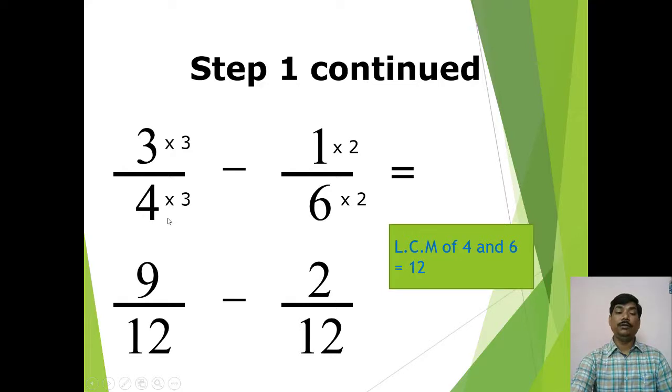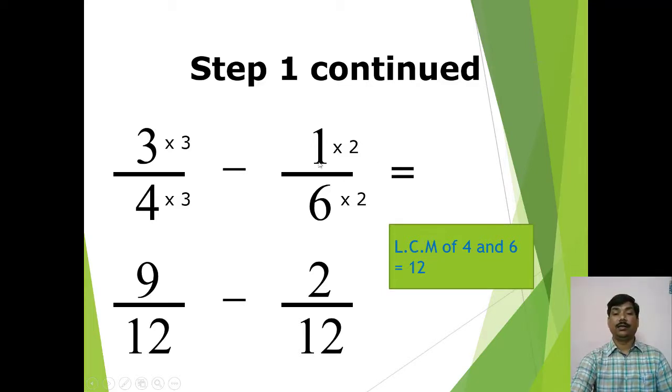Now we are going to divide this LCM by the denominator of the fraction 3 by 4. The quotient will be 3. We will multiply the numerator and denominator of 3 by 4 by the number 3. In this way, we are getting the fraction 9 upon 12.